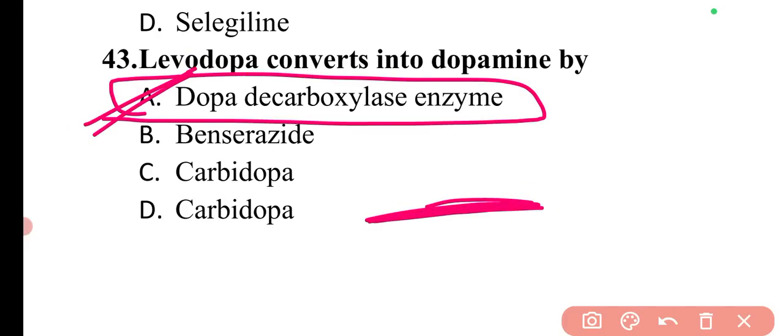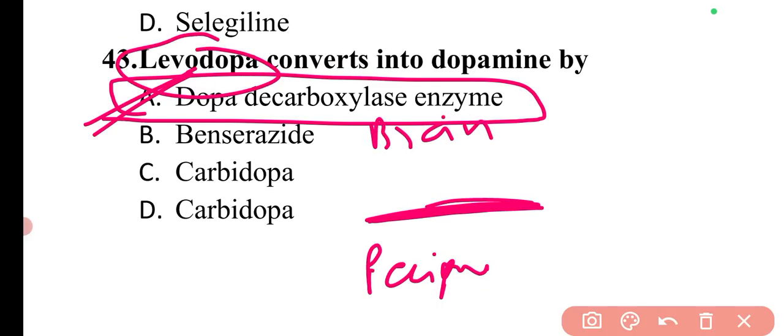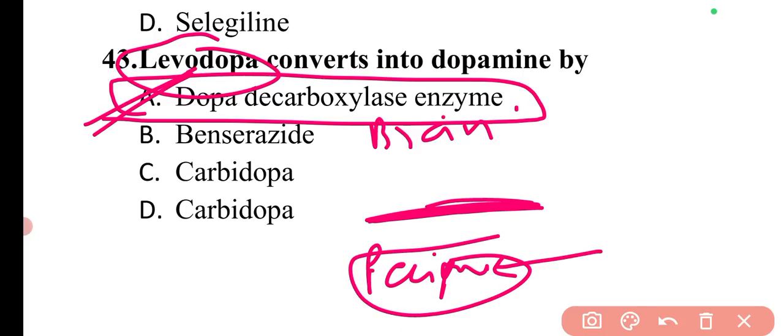So this is a barrier. Here it is the periphery area. This is the brain area. What happens is levodopa can be converted to dopamine in the periphery through this enzyme, dopa decarboxylase, and this enzyme is also present on the other side, in the brain part as well.